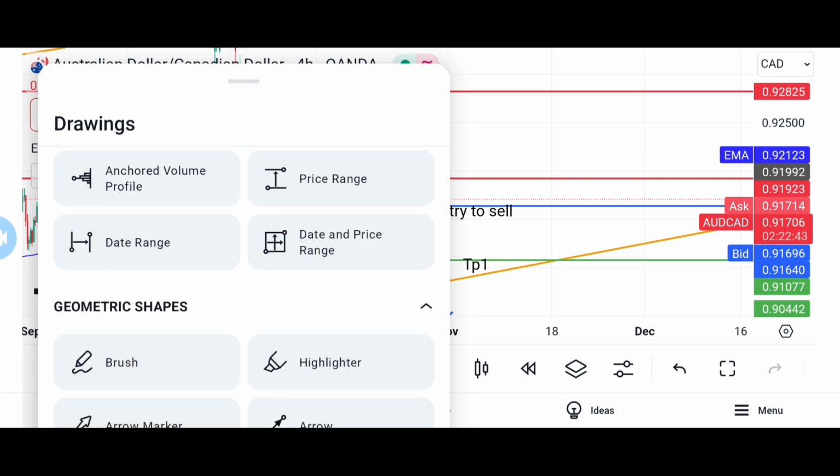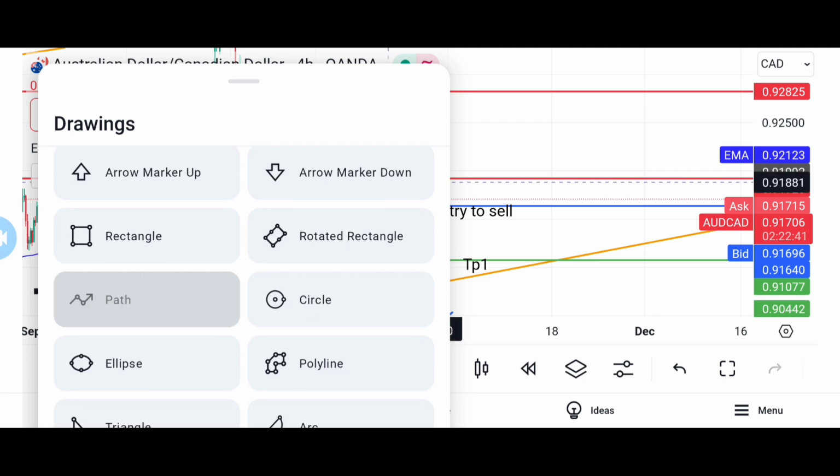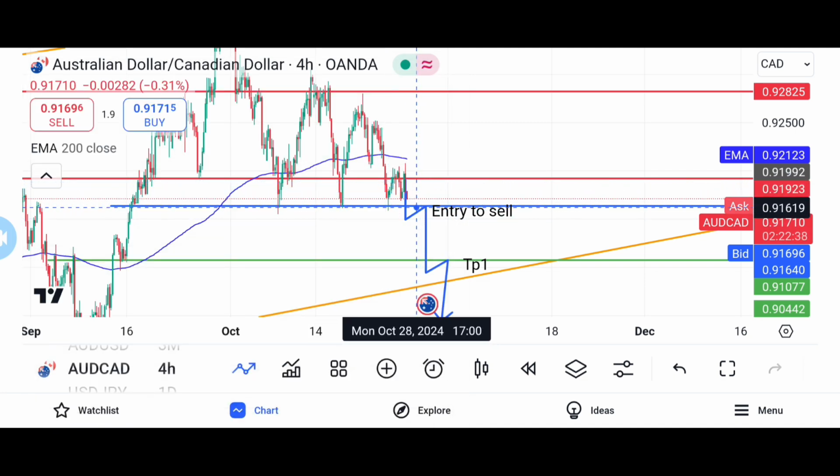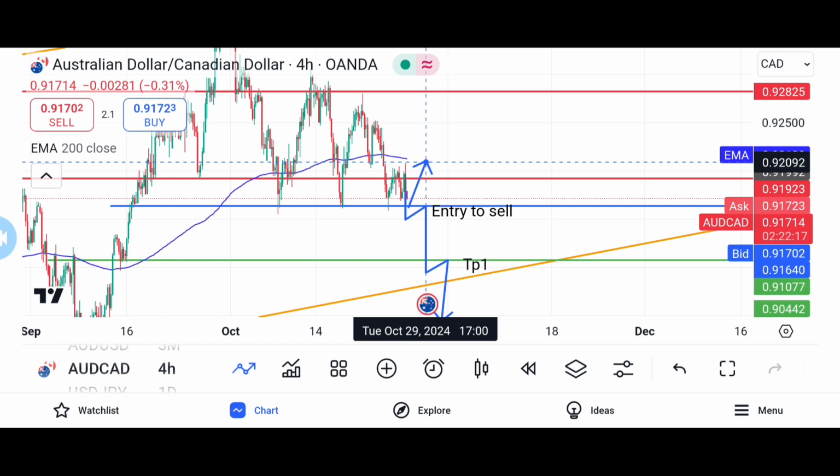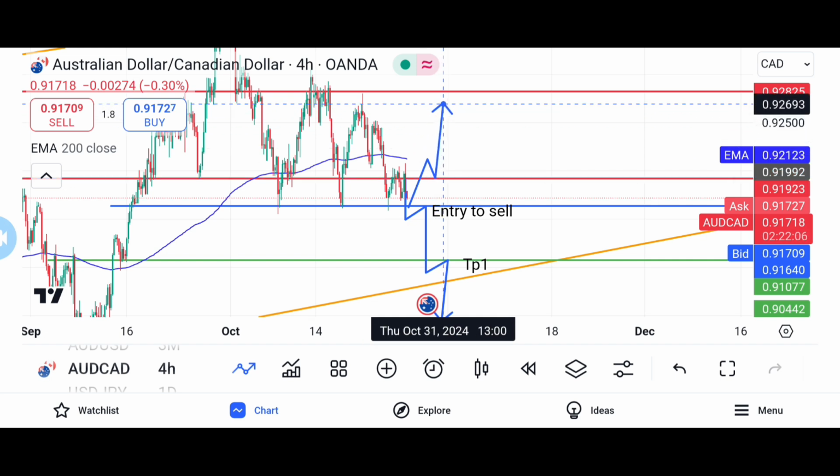And I know some people may say, if the price will not obey, how are we going to trade? If the price will not obey this plan, plan B is: if buyers have the power to break this zone like this and retest the red zone, be sure we are going to buy up to this zone.